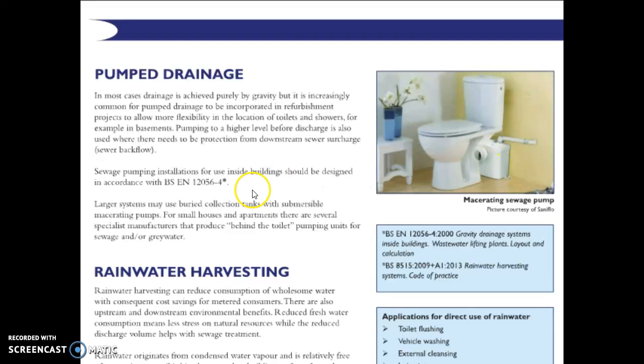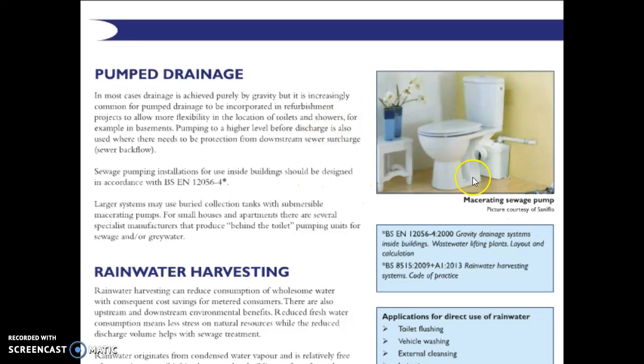The same applies on a commercial system. We can have pump drainage systems, which we call pumping stations. Again, a similar type of approach. Instead of just having a small box at the back of a toilet, we'd have a large chamber with a large submersible pump in there, and it'll basically take the effluent and raise it up to the various floors.